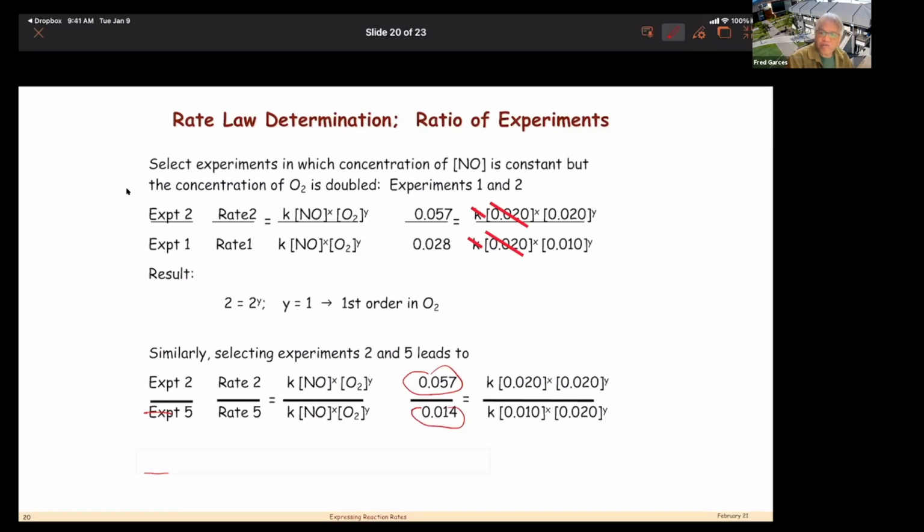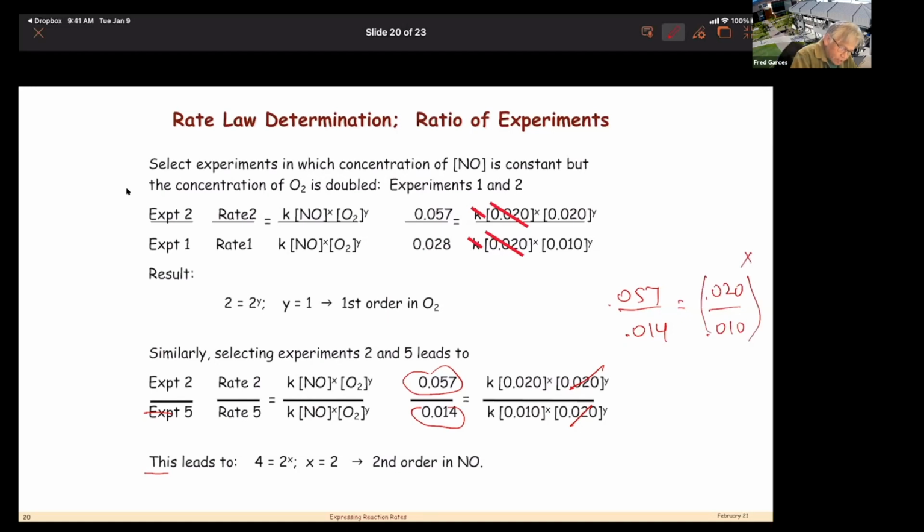Again, I don't want to deal with fractions. You notice how the oxygen now will cancel, and what we have here is 0.057 over 0.014 is equal to 0.020 over 0.010 all to the x. So that's 2 to the x is equal to 0.057 divided by 0.014. I believe that might be 3.